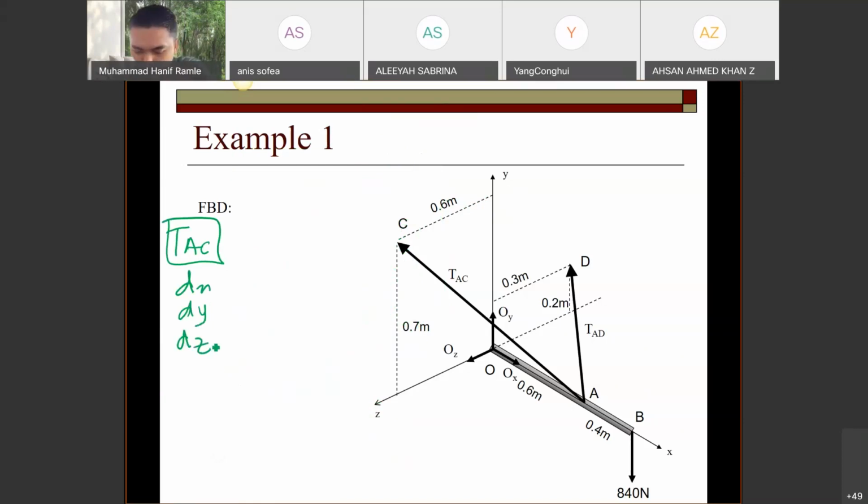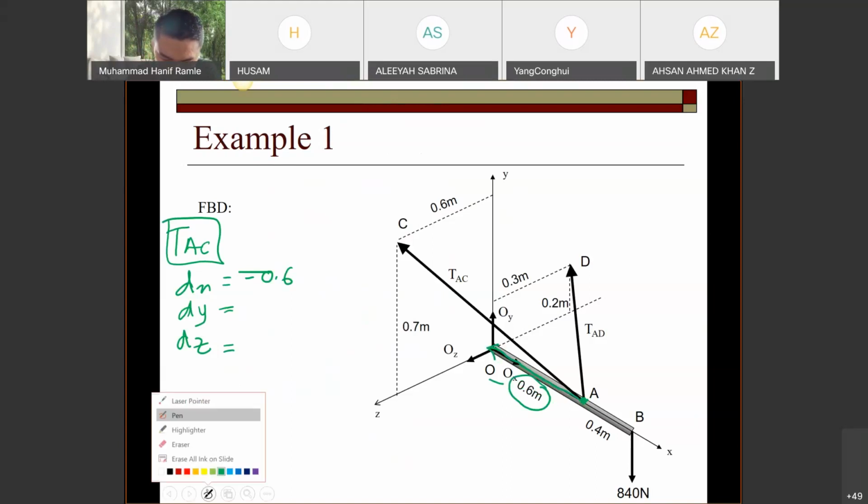So what is the dx for TAC? Minus 0.6, yes, correct. It is from here to this plane, and the negative sign is because it goes from right to left.